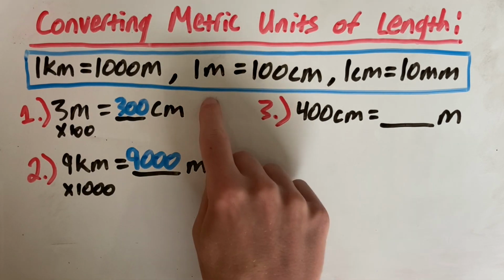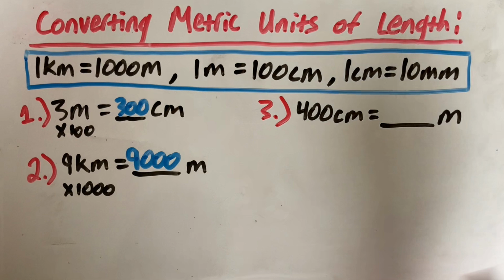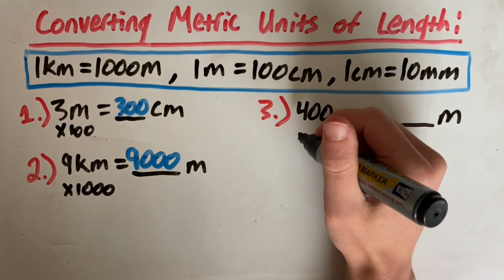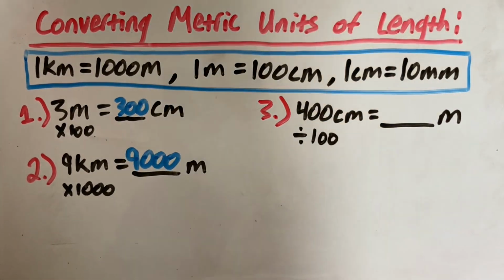The conversion is 1 meter is equal to 100 centimeters. But because we're going from the small unit to the large unit, instead of multiplying, we're going to divide, because 100 divided by 100 is equal to 1. In other words, 100 centimeters divided by 100 gives us 1 meter.